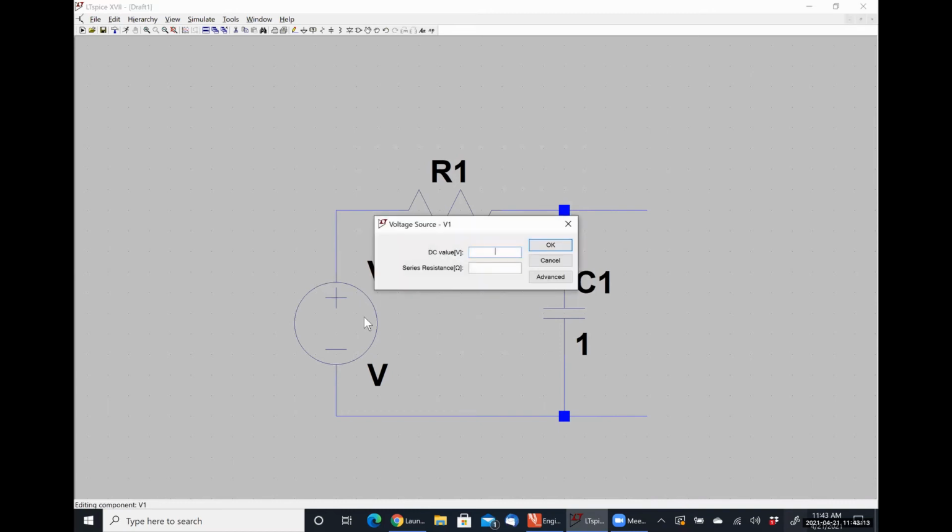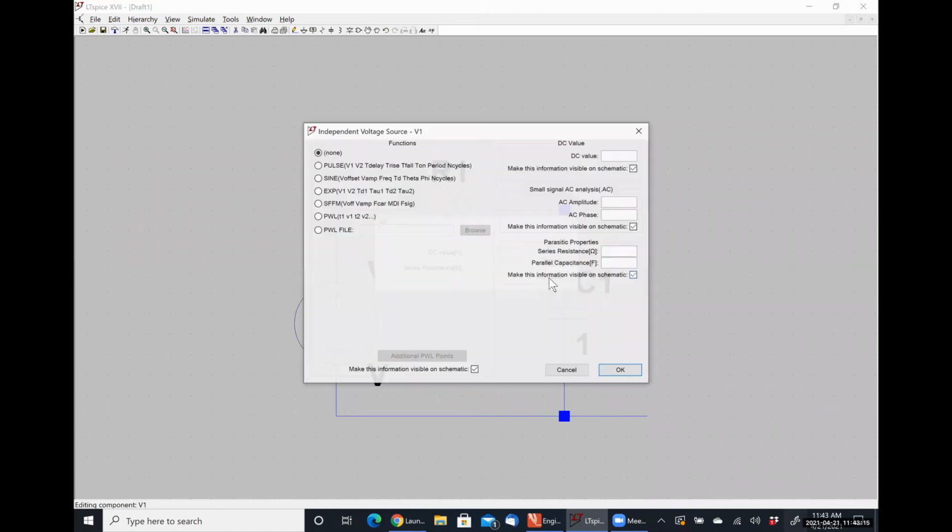And so I'm going to right click on this guy and go into the advanced properties. We're not going to do anything on the left-hand side at all. We're actually just going to use this box over here that says small signal AC analysis, okay? We're able to give an AC amplitude. And so I'm going to put 1.